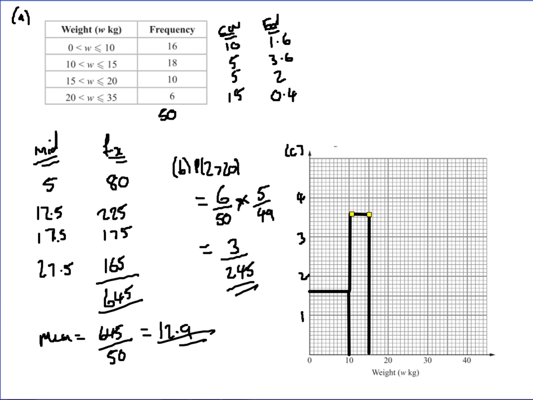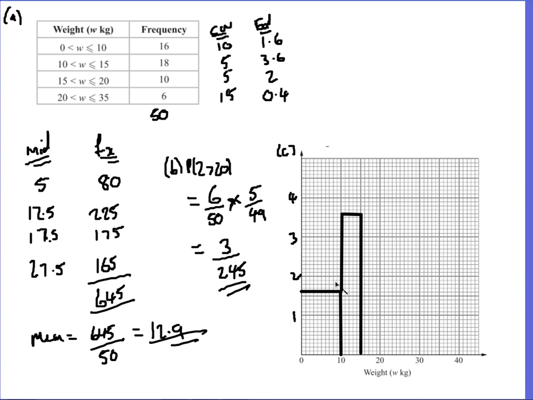You guys will find this a lot easier with just a pencil and ruler. Then we've got 15 to 20, which is 2. And then we've got from 20 to 35, which is 0.4, so that's only a small one. And there's the histogram drawn.